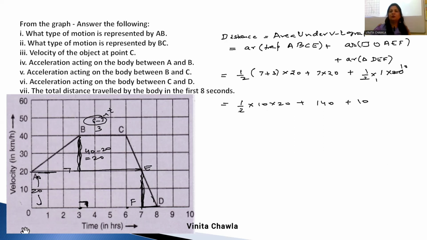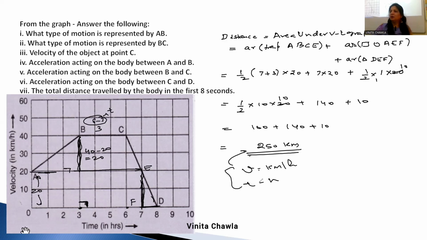Half into 10 into 20 is 100. So it's 100 plus 140 plus 10. So it is 250 kilometer. Why kilometer? Because velocity is in kilometer per hour and time is in hours. We'll get our displacement in kilometers. Okay, this is how we do.